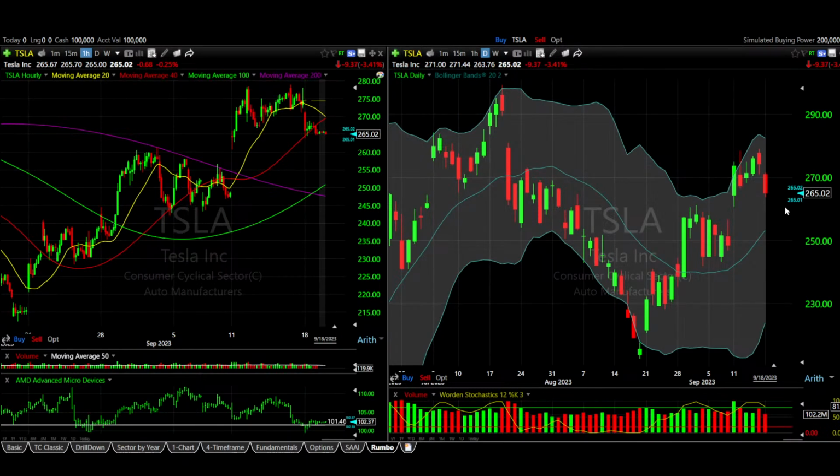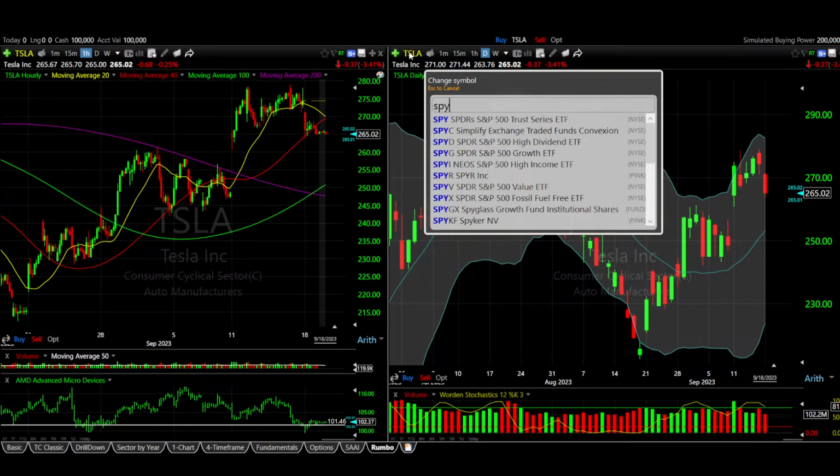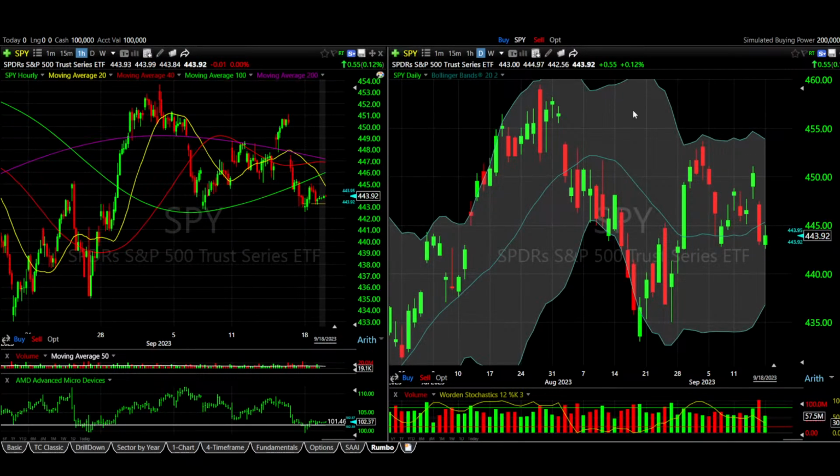Okay, next stock, SPY. But also, if you want, you could leave some stocks in the comment section, and I can analyze them for you. If they're good, because if they're not a very good stock or don't have a lot of capital, then you can't really day trade with it.